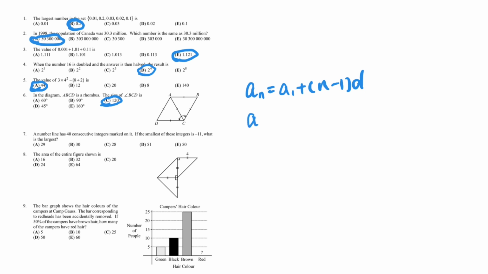For this one, that's the 40th term, a40 equals a1, that's the start, -11 plus 40 minus 1 times the common difference, that's 1. For consecutive numbers, the common difference is 1. So equal to -11 plus 39 equals 28. The answer is C.